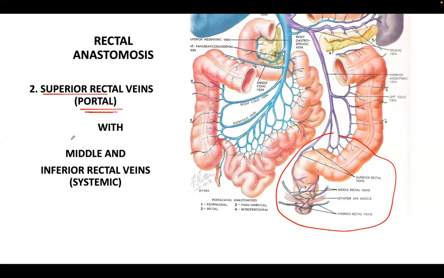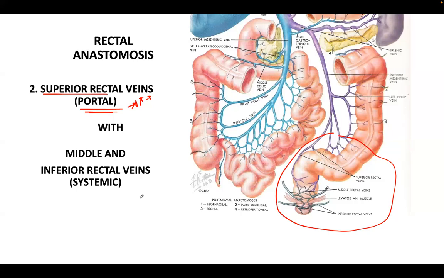The systemic circulation is the middle and the inferior. If you only have one brain cell left, memorize the superior rectal. Why? If there is portal hypertension, magka-hemorrhoids yung pasyente.